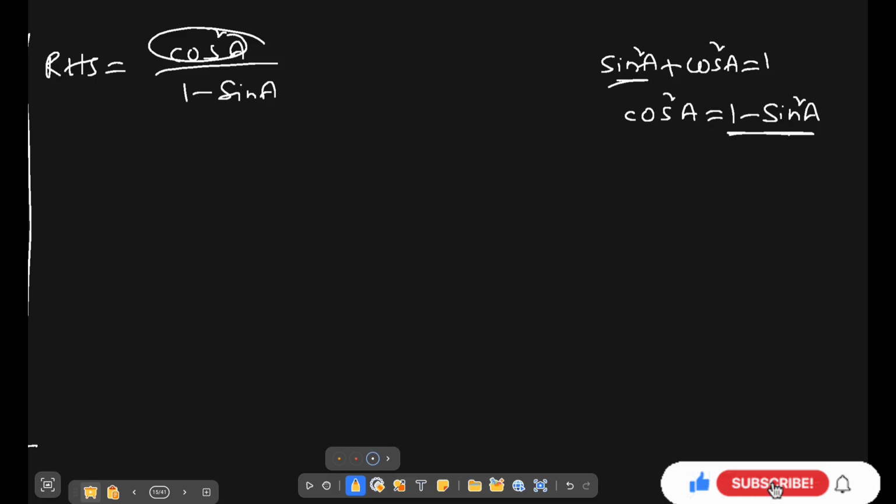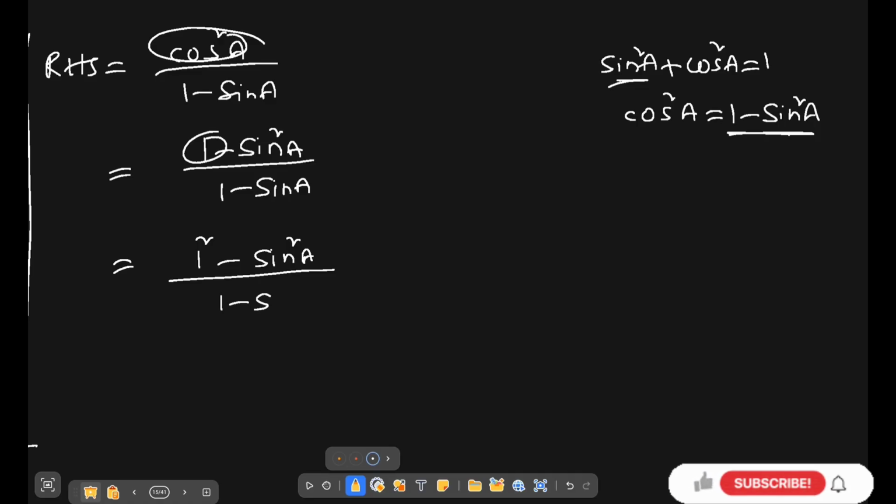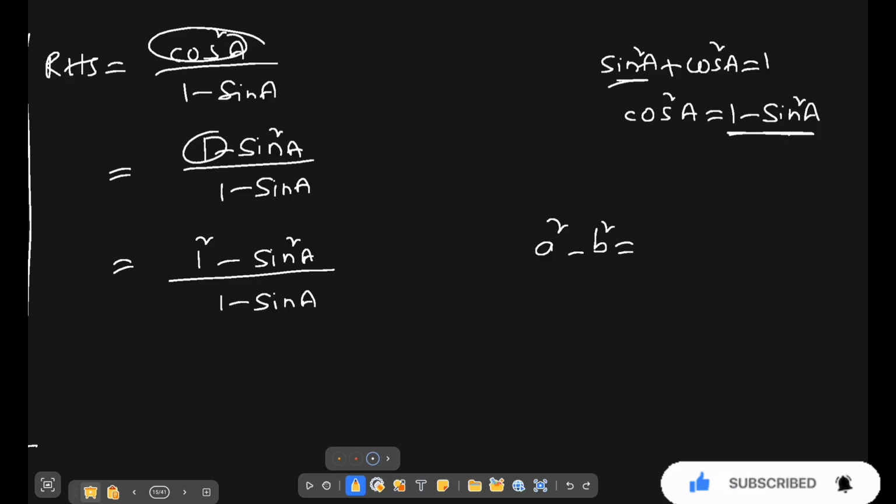Let's write. So (1 - sin square A) / (1 - sin A). This can be written as (1 square - sin square A) / (1 - sin A). Now this one is like a square minus b square. So a square minus b square is equal to (a + b) into (a - b).